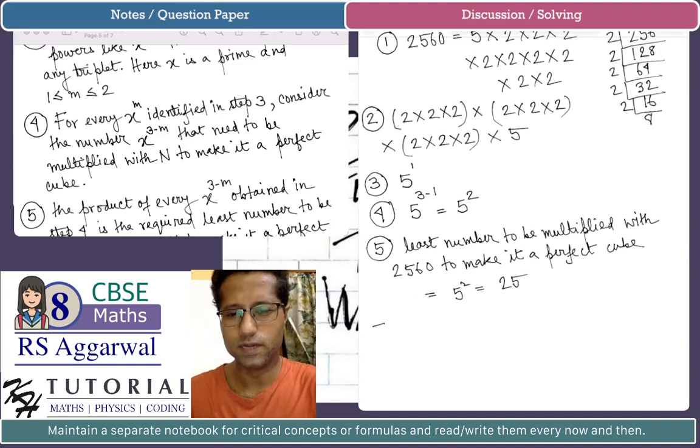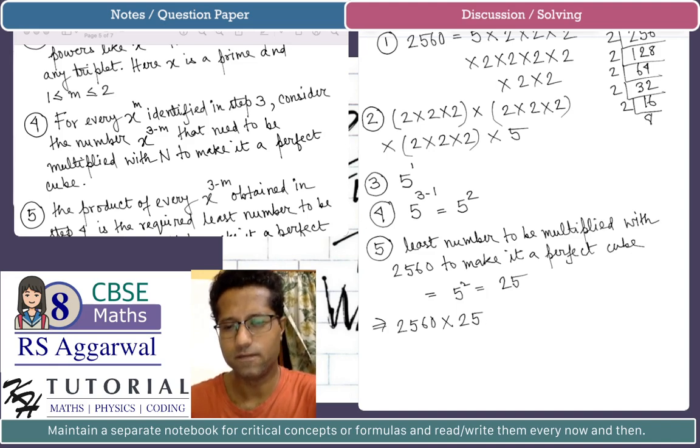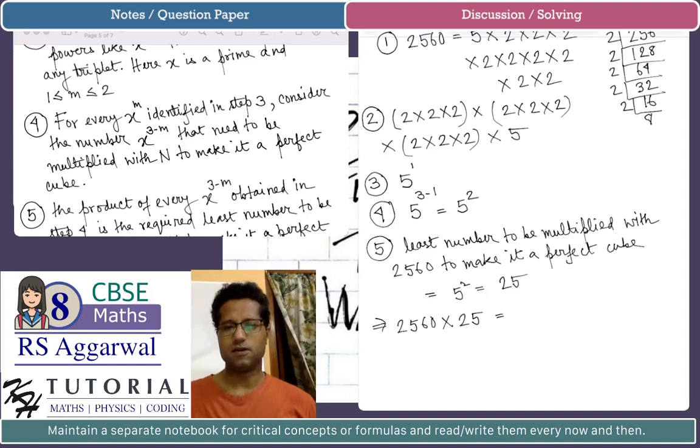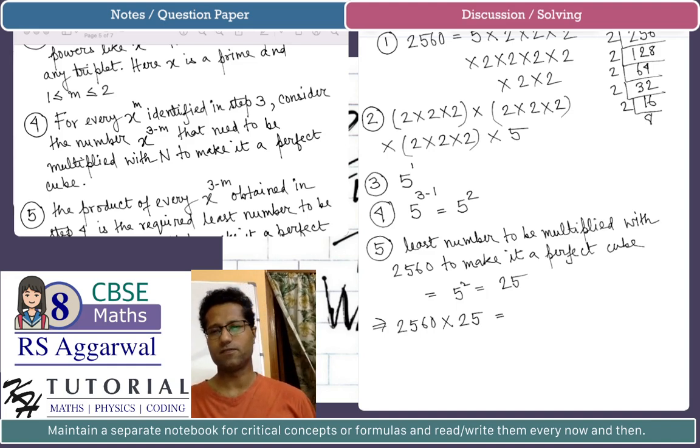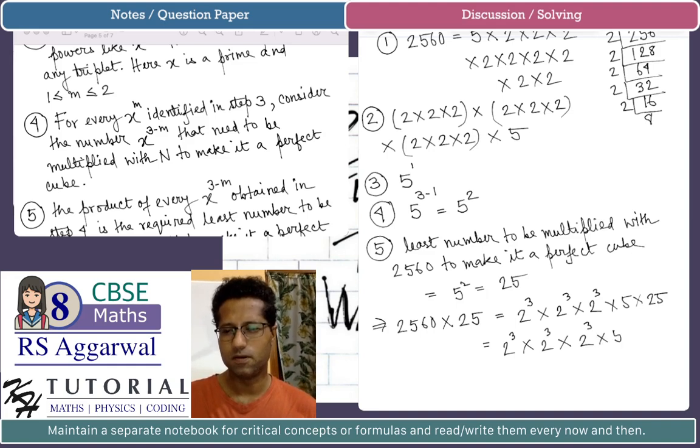So if you multiply the given number 2560 by the least number 25, then as you can see from the prime factorization, we have 2 to the power 3 multiplied by 2 to the power 3 multiplied by 2 to the power 3, and 5 to the power 3.